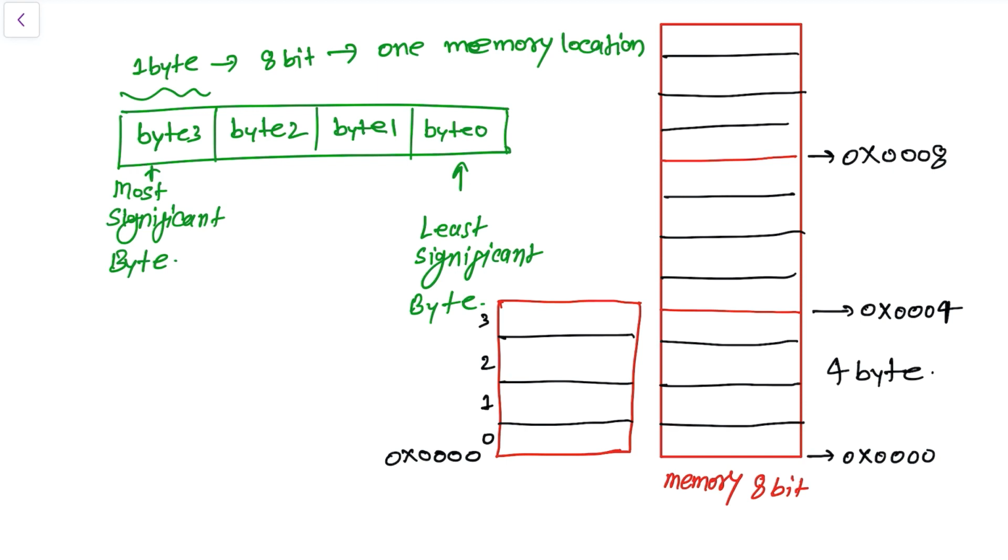There are two ways to store this. Either we can store here byte 0 and then byte 1 and then byte 2 and then byte 3.